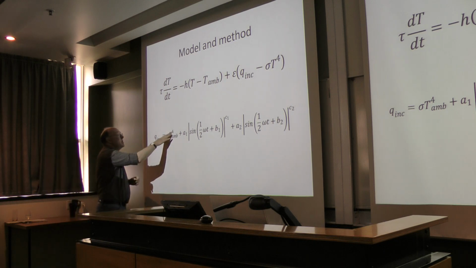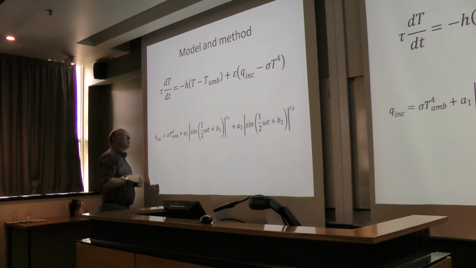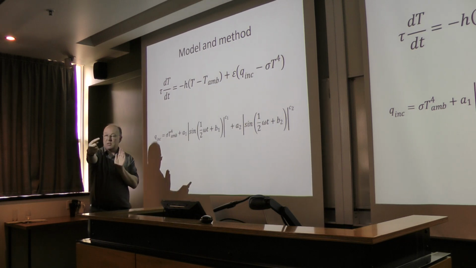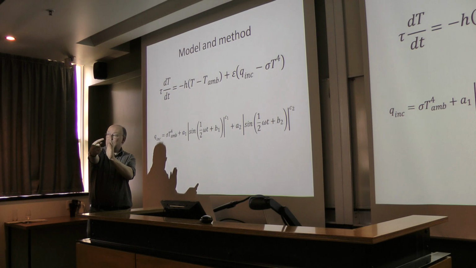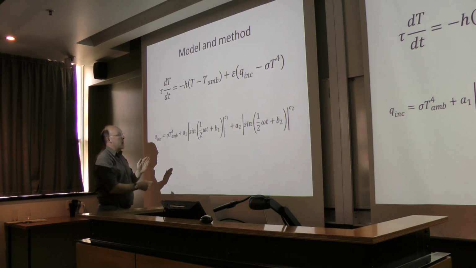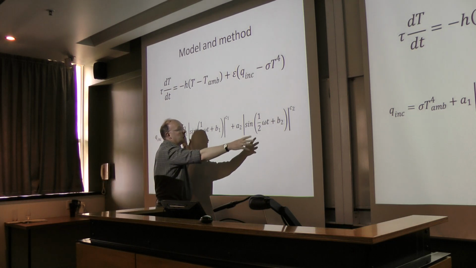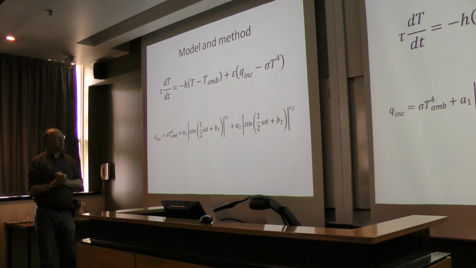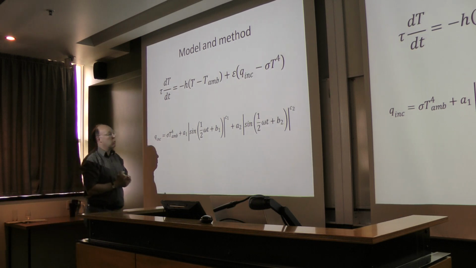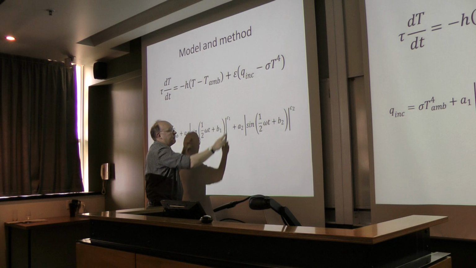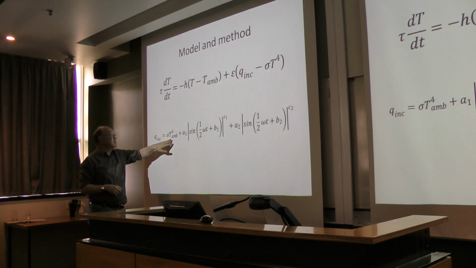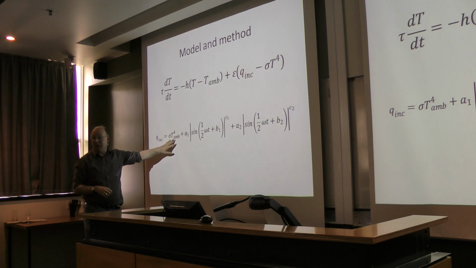Rather than start off with the mean heat flux, we start off with the background radiation. So the logic being that if my fire's over there and my sensor looks like that, then all it's going to see is background radiation, sigma Tm to the 4. And then, rather than sines and cosines, or rather sines, I beg your pardon, by a little bit of experimentation, we came up with, well, first of all, we have to have the absolutes in there because we can't have an instant heat flux going below the background radiation.